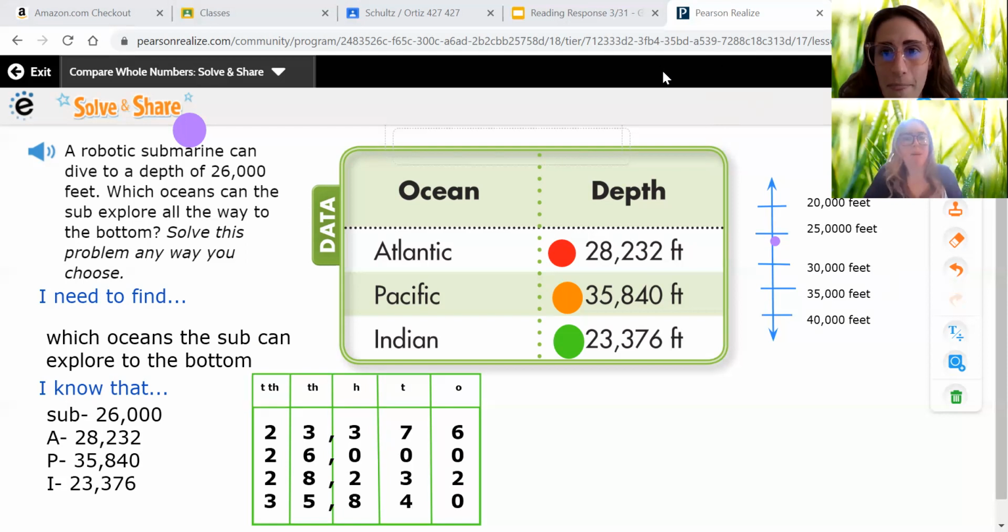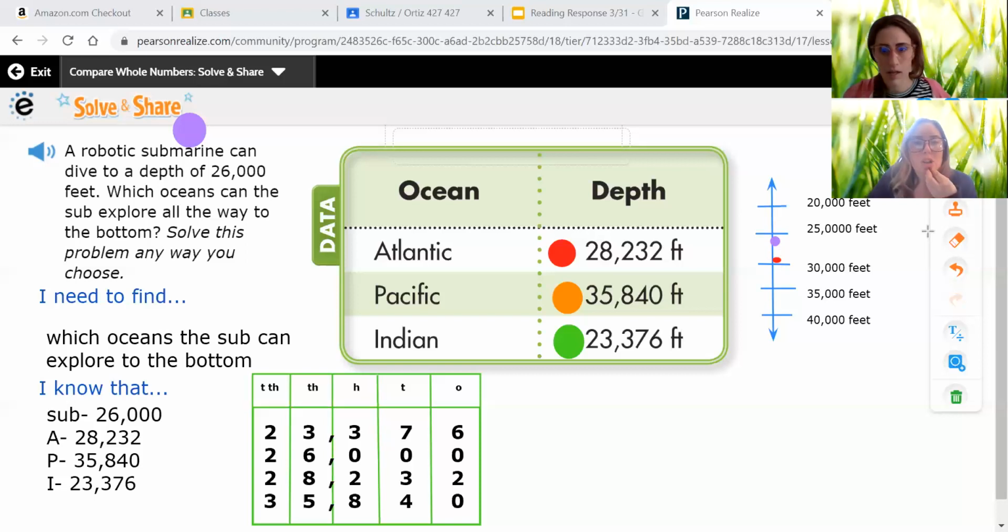So we are going to place the Atlantic Ocean right below the 30,000 feet mark because it's not exactly 30,000, but 28 is greater than 25,000 and less than 30,000. And I also know that it seems to be greater than the submarine depth. So I'm not really sure if the submarine is going to be able to get to the bottom of the Atlantic Ocean, but let's see.